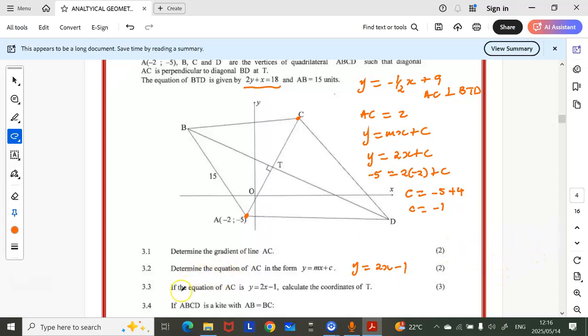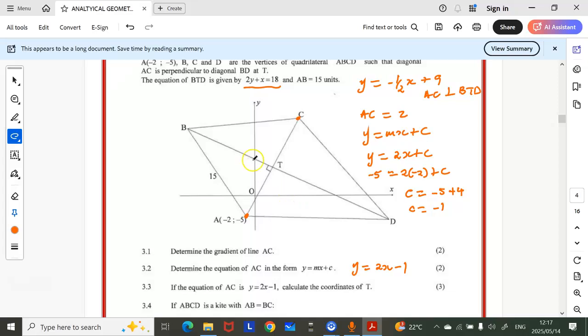Okay. The third one, they say if the equation of AC is y equals 2x minus 1, meaning even if you have failed to get the equation correct on 3.2, they are giving you the equation now, because you cannot answer this question without knowing the equation of AC, right?